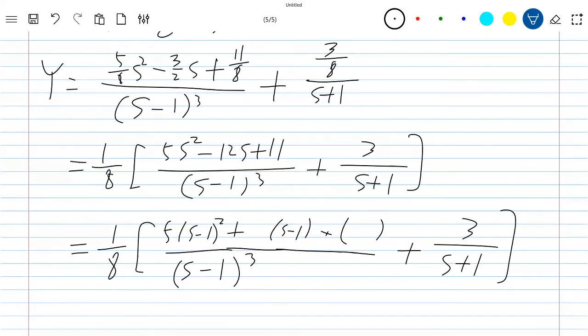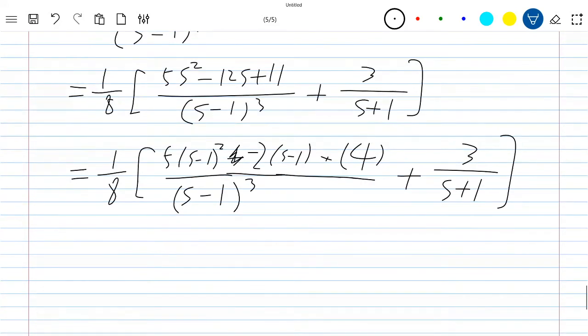Okay, so you have 5s squared minus 10s, so you need a negative 2s to get to the negative 12s. Then you have 5 plus 2 equals 7, then you plus another 4 to get 11.